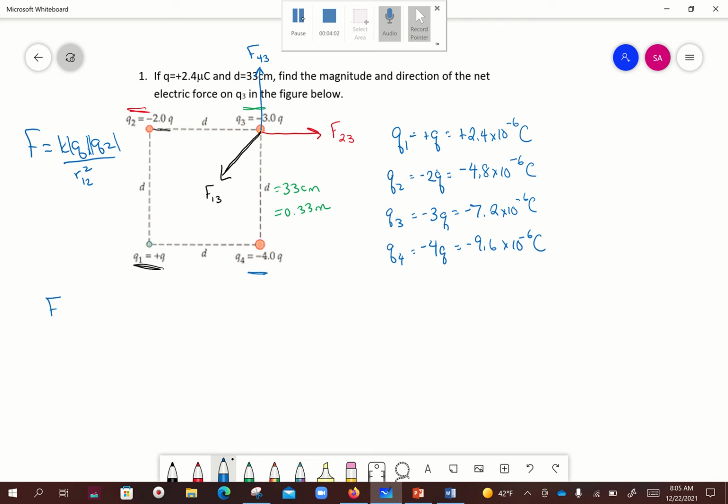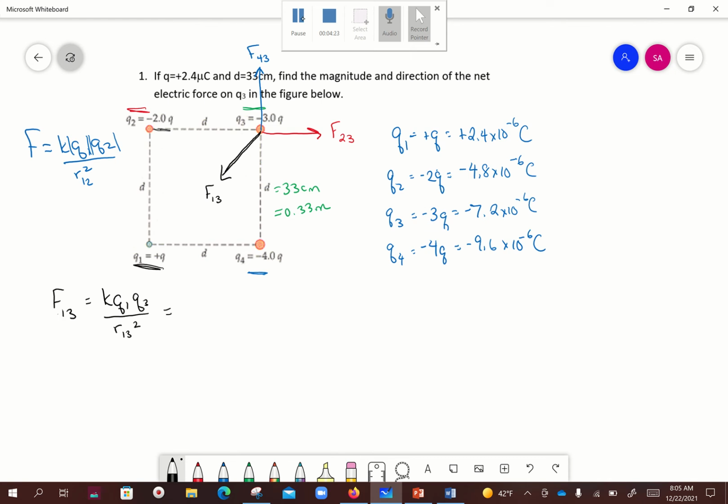Now I need to find the magnitude of the force between 1 and 3. Let me go to black. The force between 1 and 3 is going to be k Q1 Q3 over the distance between 1 and 3 squared.